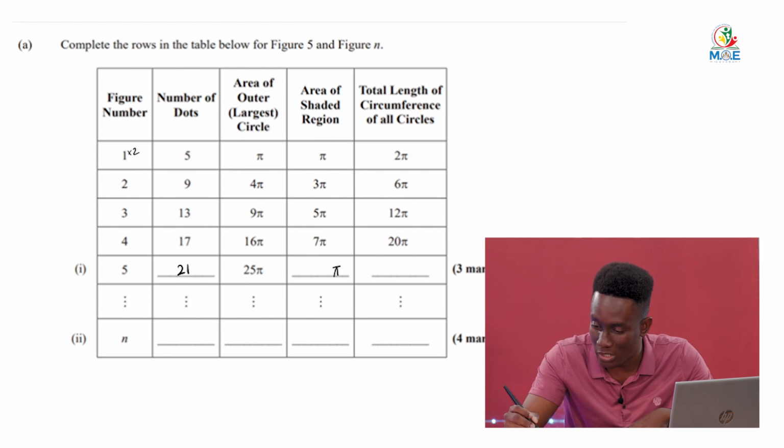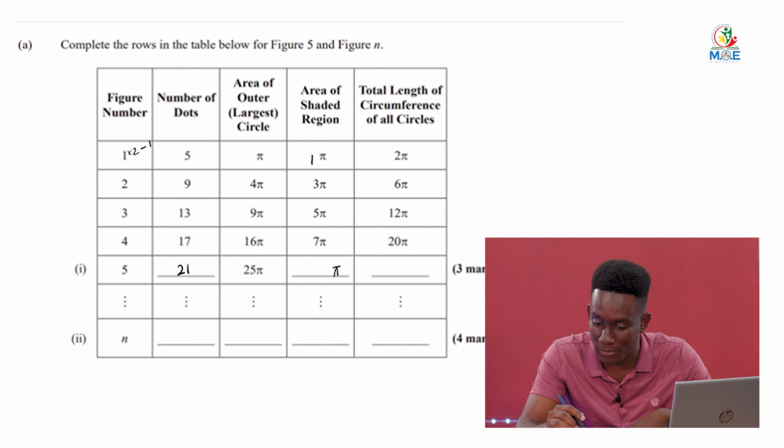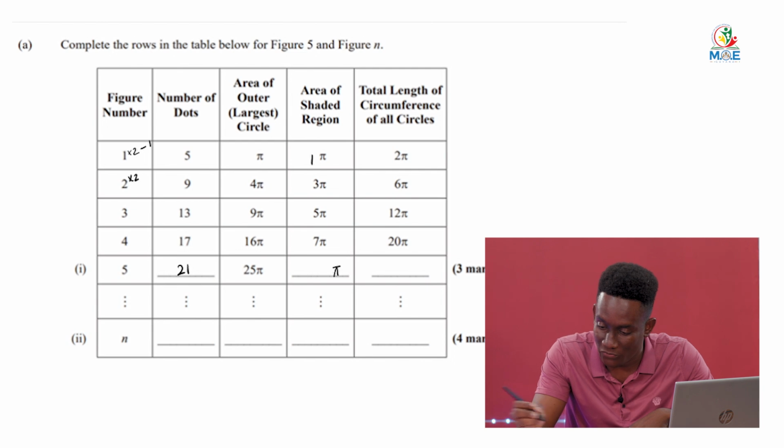So we're looking at 1, 3, 5, 7. 1 multiplied by 2 would not give me 1, but if I subtract 1 from that, 1 multiplied by 2 gives me 2, and 2 minus 1 gives me 1. 2 multiplied by 2 gives me 4, and 4 minus 1 gives me 3. 3 multiplied by 2 gives me 6, and 6 minus 1 gives me 5.